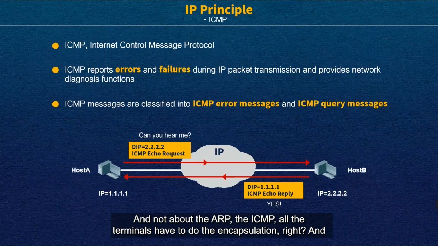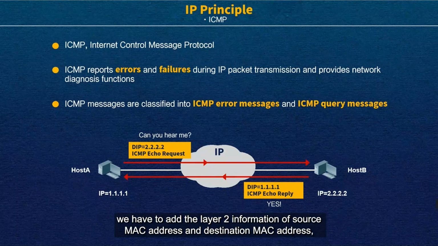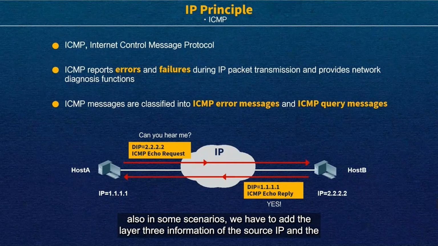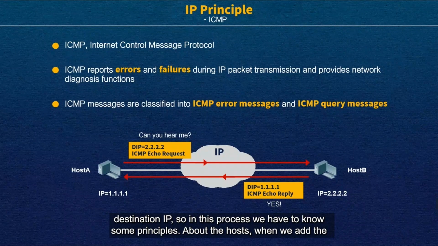Not only for ARP but for ICMP, all the terminals have to do the encapsulation, right? We have to add the layer 2 information of source MAC address and destination MAC address, and in some scenarios we also have to add the layer 3 information of source IP and destination IP. So in this process, we have to know some principles about the host.